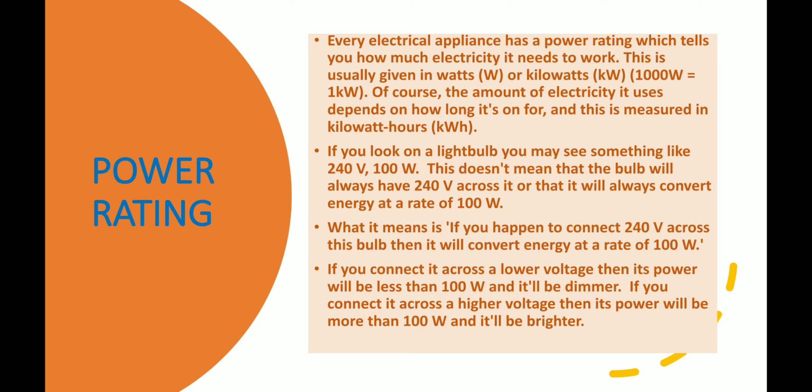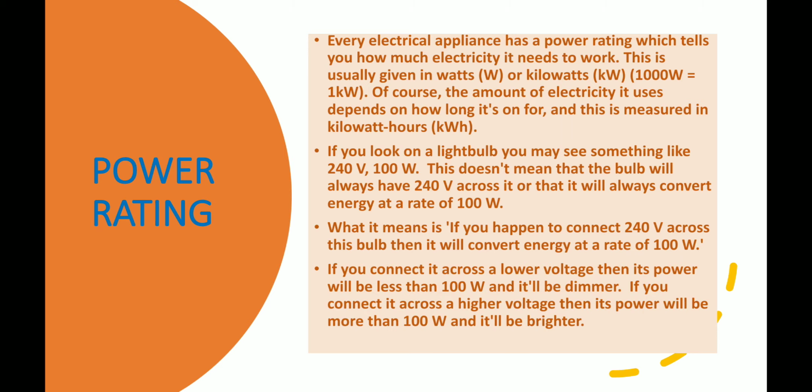For example, if a bulb is rated 240 volt and 100 watt, it means that this bulb is to be used on a voltage of 240 volts. In other words, it has power consumption of 100 watt, or we can say that it will consume electrical energy at the rate of 100 joules per second.